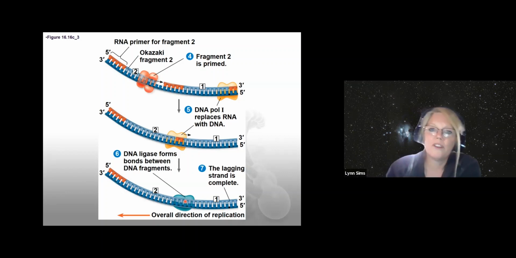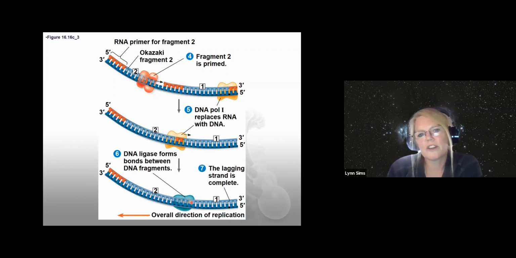Once DNA polymerase replaces all the RNA bases with DNA, there's a gap. DNA ligase fills in the gap. The gap is basically that these two bases are not bound or connected. So DNA ligase connects them. So we have that other enzyme now.